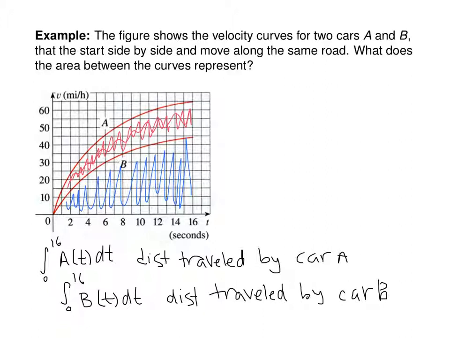Okay, so you have car A's distance minus car B's distance. So the area between the two curves tells you how much farther ahead car A is. So that's what this means.